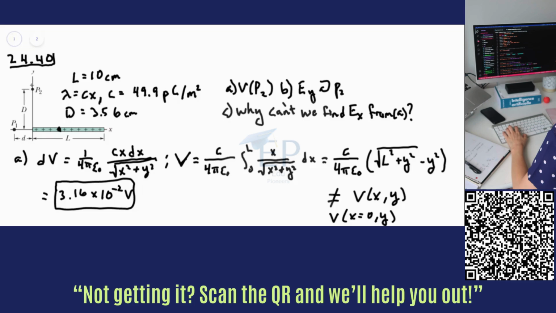So that's why we can't find the x component using this. Because we derived this assuming x equals 0 at the point of interest. And then we integrated over the x along here, but then we didn't include any information about the x value of the point where we want the potential.